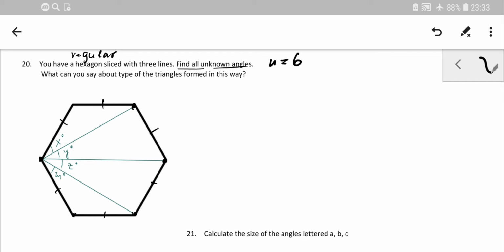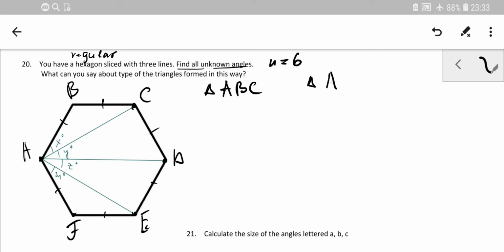And so let's have a look at triangles. Let's mark them: A, B, C, D, E, F. All right, so let's consider triangles ABC as well as triangle AFE. They are isosceles, so put the word iso, a shortcut.